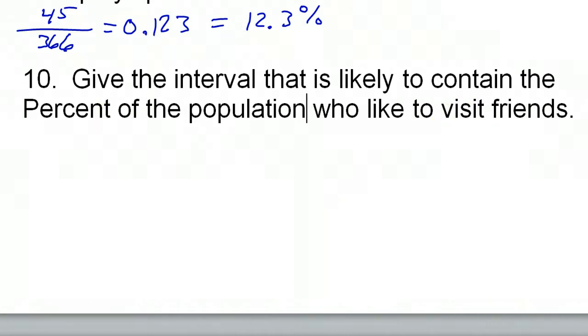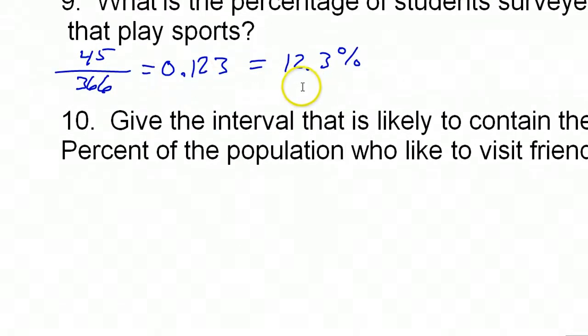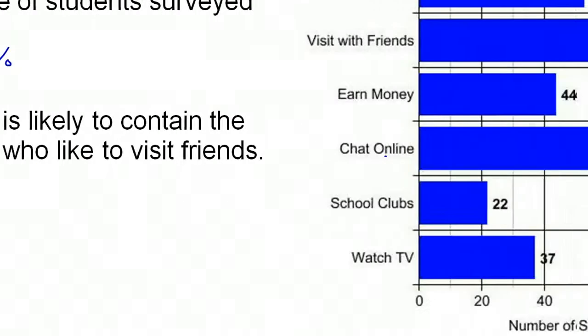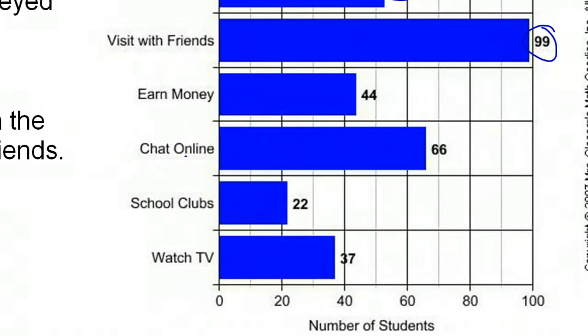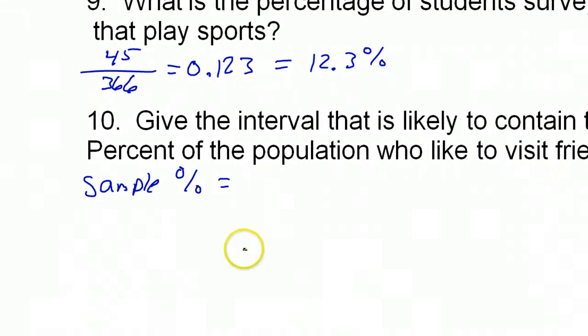Yeah, so in order to answer this question, we need that percent first, like we did for number 9. So first we need to know the percent in the sample. So it's kind of a two-step process. First we have to find the sample percent. So how many people like to visit with friends? 99. So that was 99 people out of a total of 366.